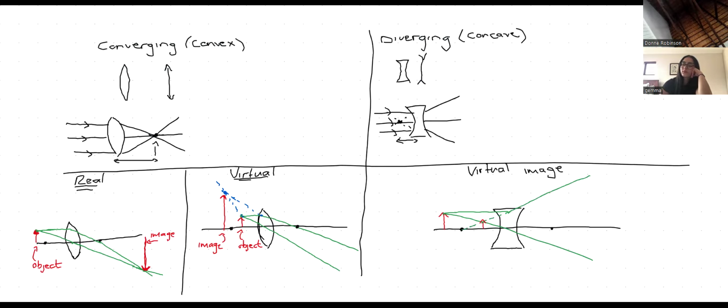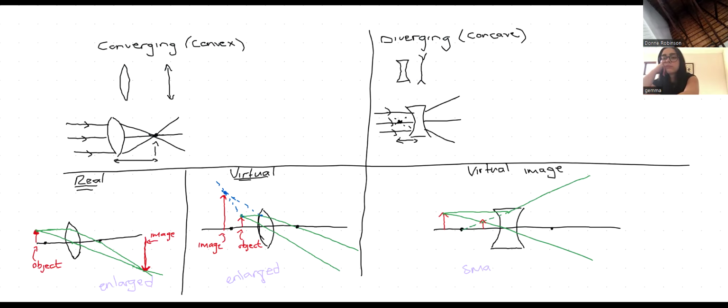So we can see in the real image of the converging lens that our image was a lot larger. It was enlarged. Then in the virtual image, it was also enlarged. And then in this virtual image, it was smaller.